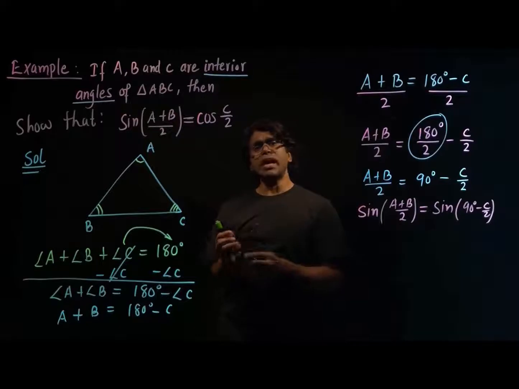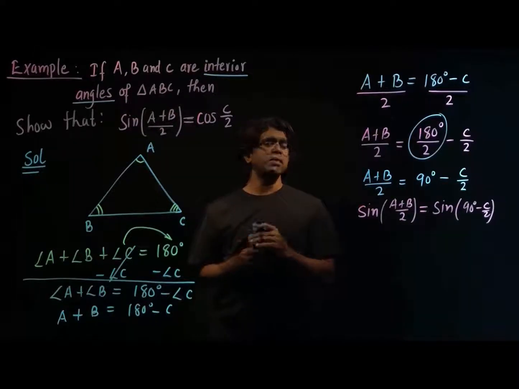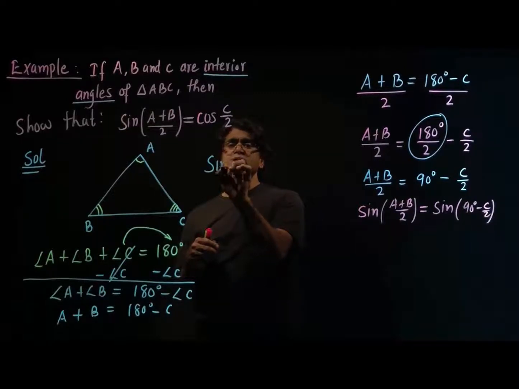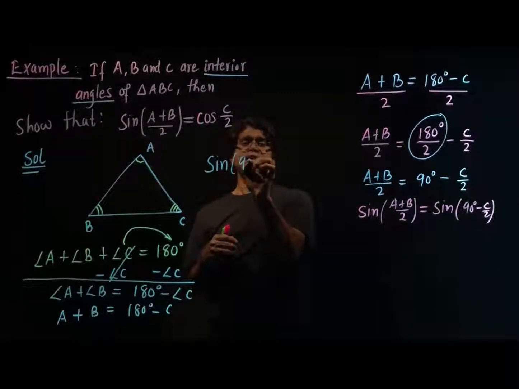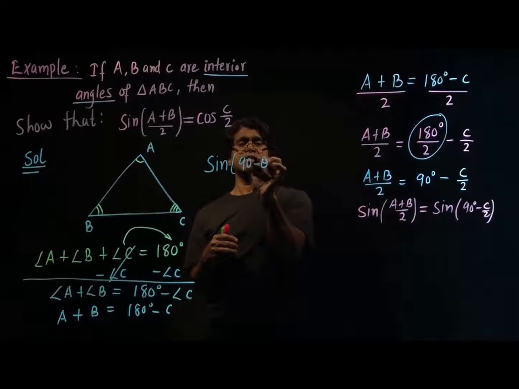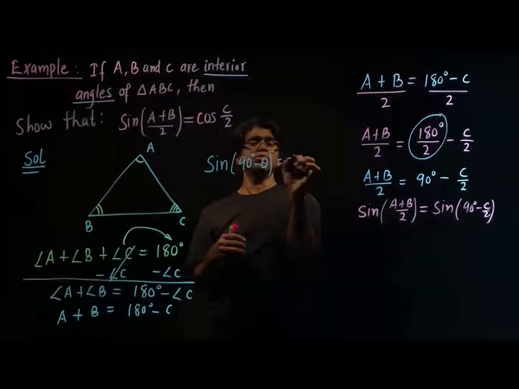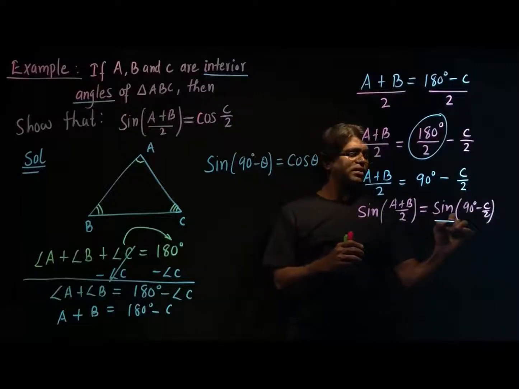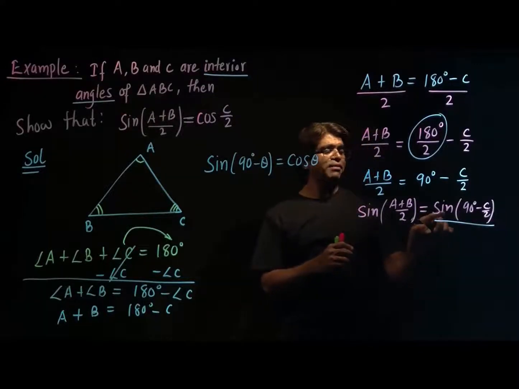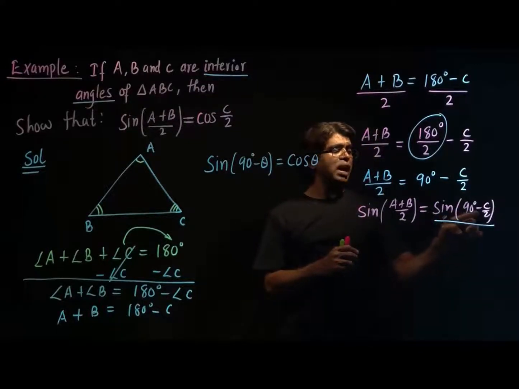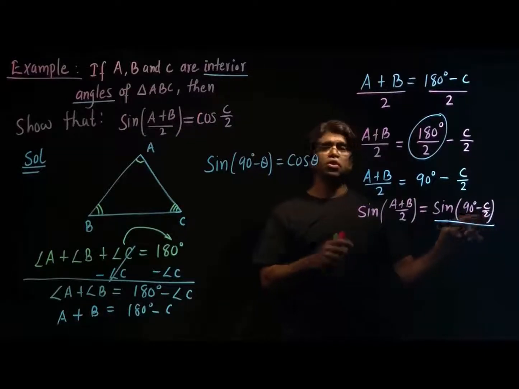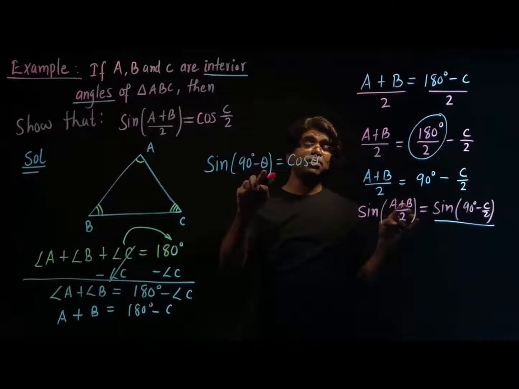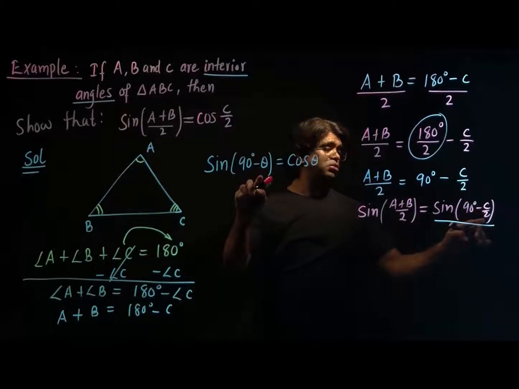Now let's go back and recall the complementary angle formula. If you remember, the formula was sine (90 degrees minus theta) is equal to cosine theta. Now let's look at the right hand side. What do I have? I have sine (90 minus C over 2). In place of this theta, I have C over 2.